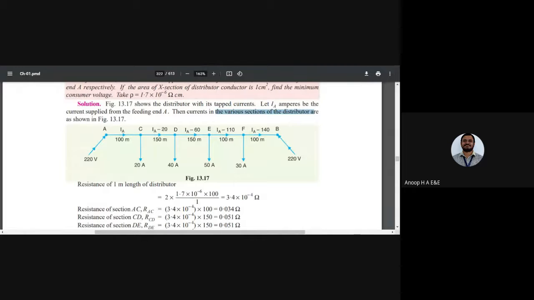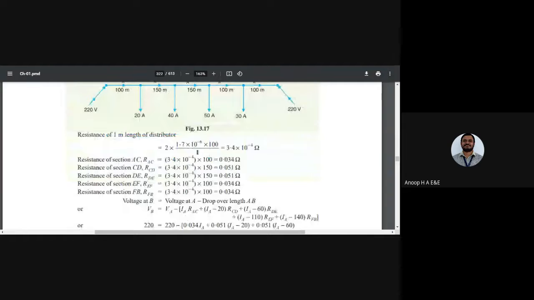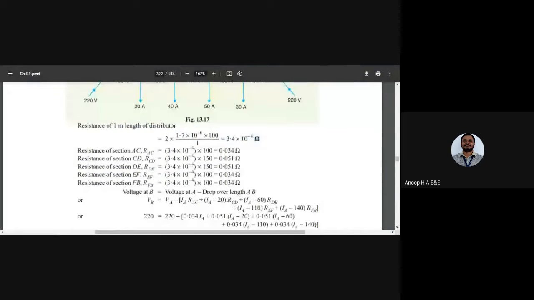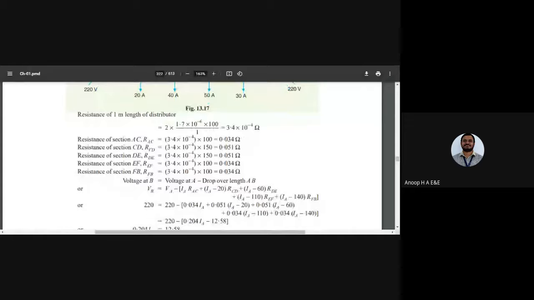This is the centimeter conversion, and here we have directly taken it as 1 centimeter. So the resistance of 1 meter length of the distributor is 3.4 into 10 power minus 4 ohm. Similarly, can you find out the resistance of all the sections?